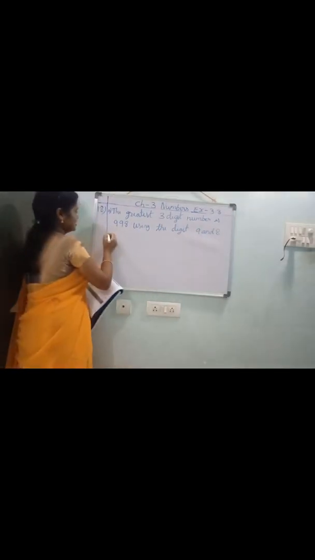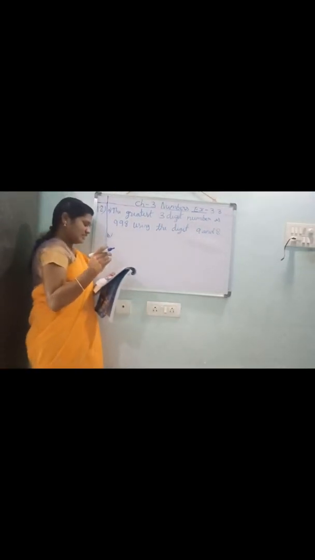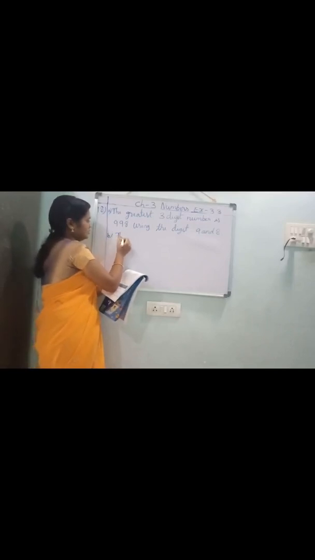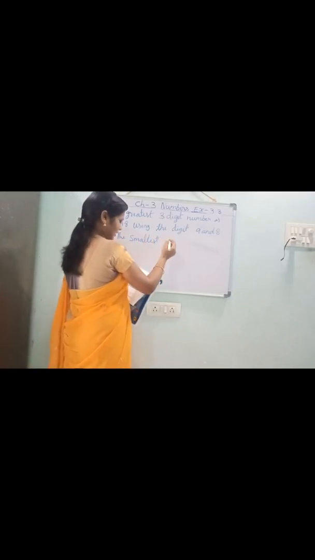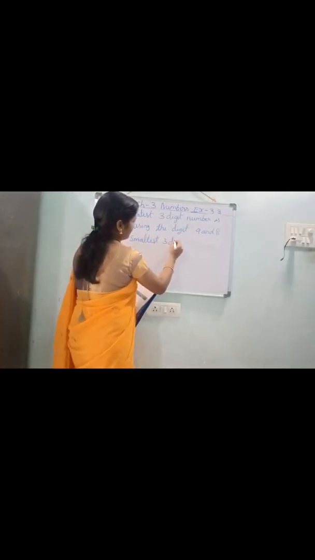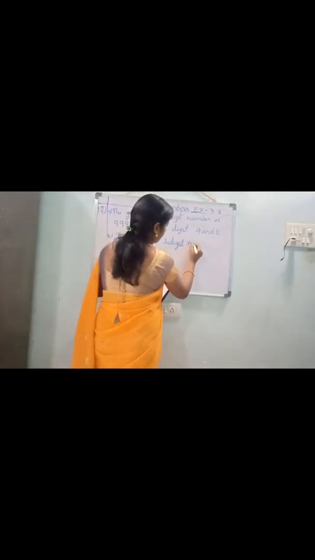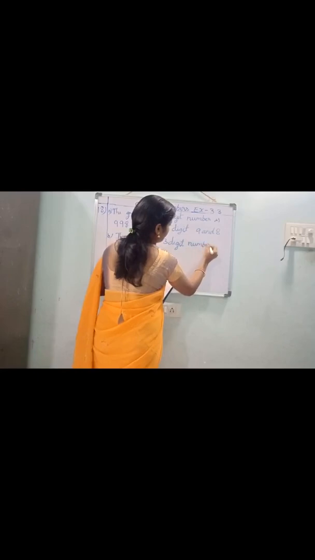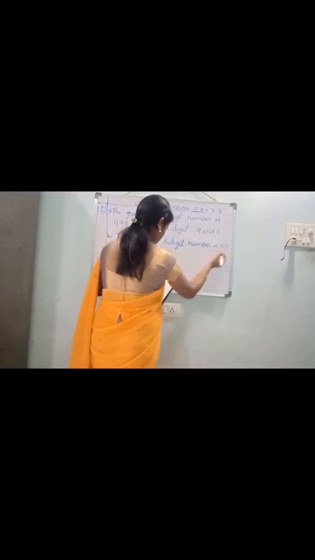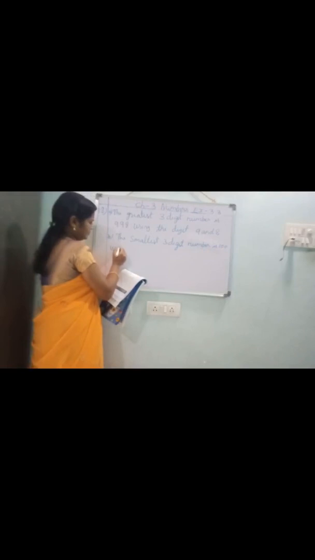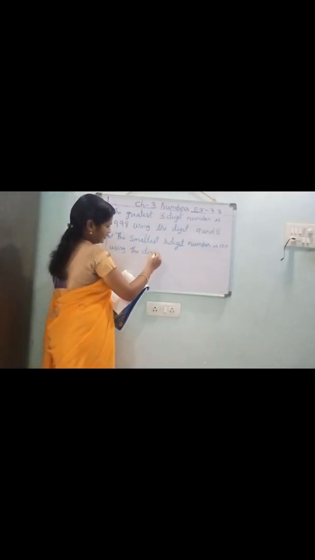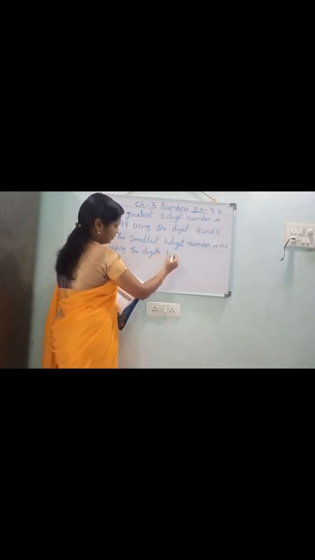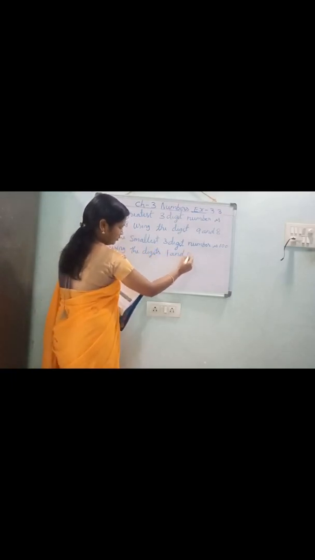Okay. Next, B1. The smallest 3-digit number. Tell me what is that smallest 3-digit number? 100. See, hundred, using the digits 1 and 0.